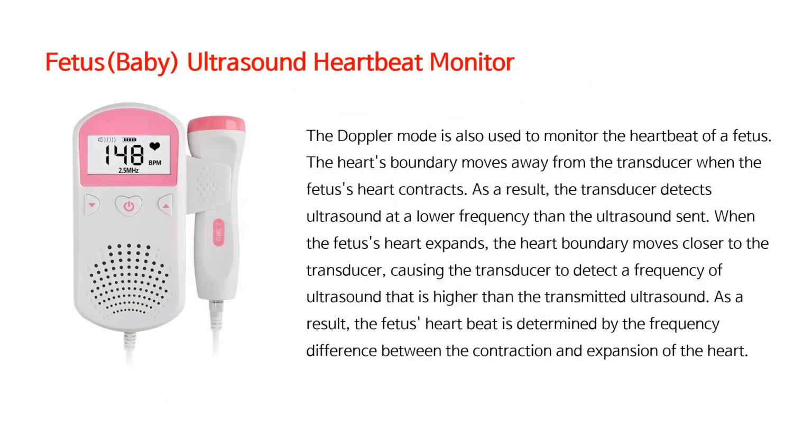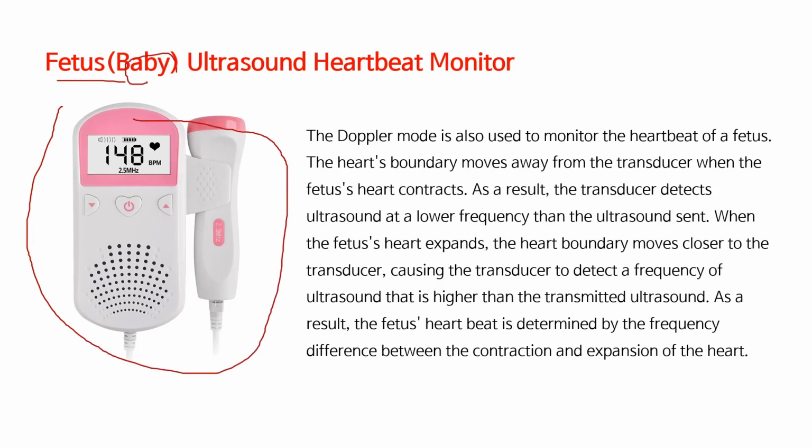This device shows the fetal ultrasound heartbeat monitor. Doppler mode is also used to monitor the heartbeat of the fetus. The heart's boundary moves away from the transducer when the fetus's heart contracts.